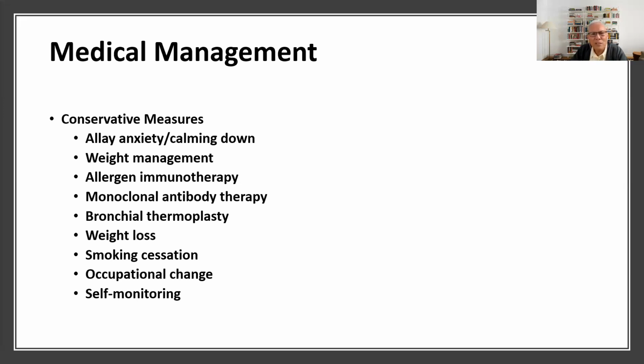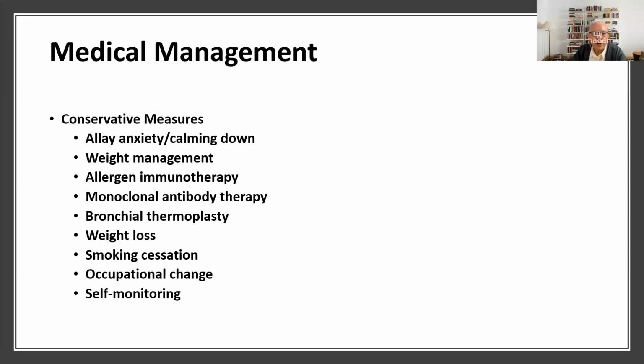These are some things that are outside of the usual that we do, but they are conservative measures which might be helpful. Sometimes removing the clothing and washing the face and mouth to remove allergens is done. And then, of course, weight reduction in patients who are obese leads to improved control.